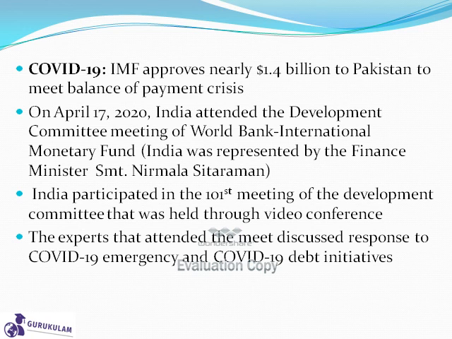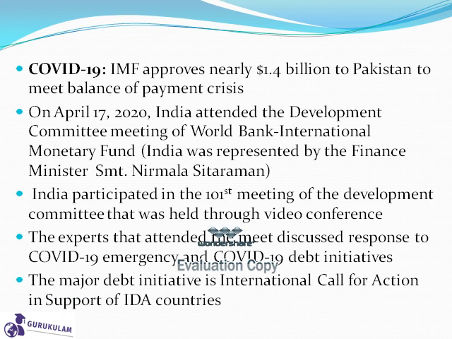The major debt initiative is an international call for action in support of IDA countries. IDA is International Development Association. So guys, we will definitely discuss this IDA, but in coming videos.